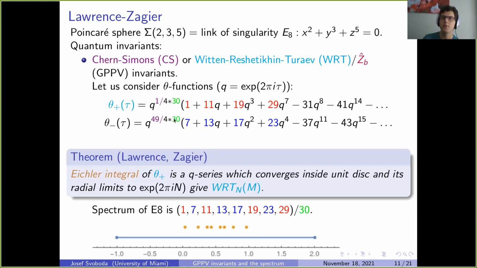The number 30 is also here because when we generalize these formulas, we always have 4 times some number, and the number fits the denominator of the spectrum. So this gives a hint that maybe these things could be related, and this is what we try to investigate now.